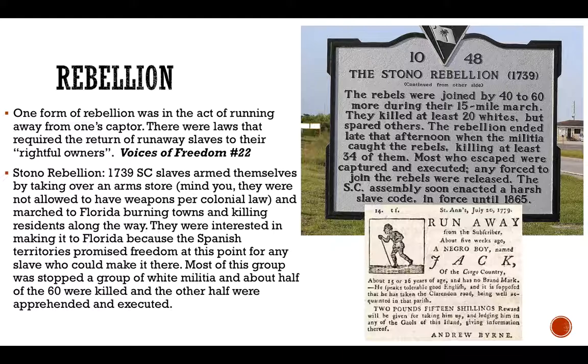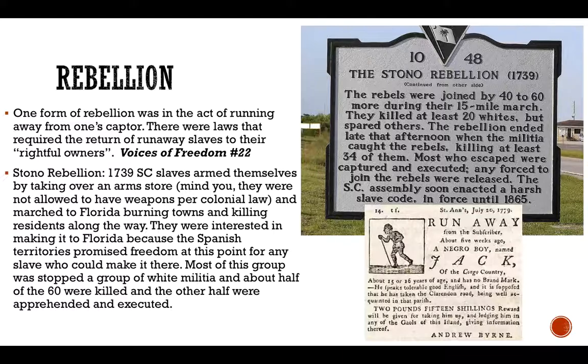They went to this armory, and then they marched towards Florida, burning towns and killing residents along the way. The reason that they wanted to make it to Florida was because the Spanish territories offered freedom if people could arrive in the Spanish territories.